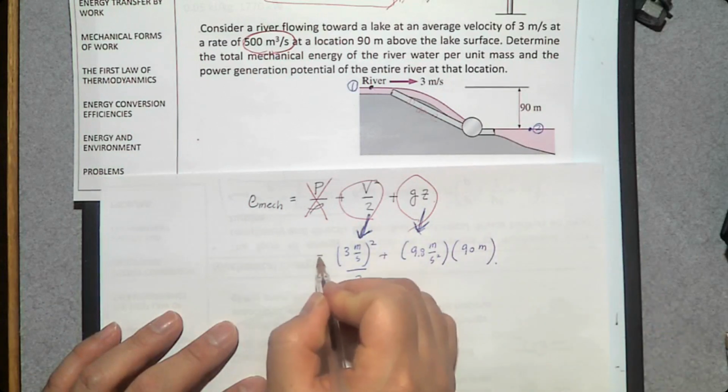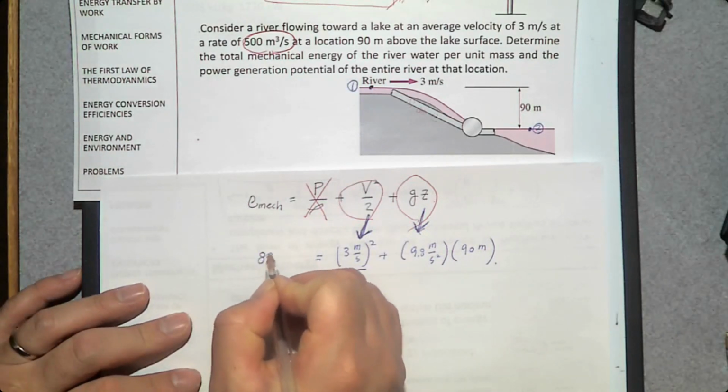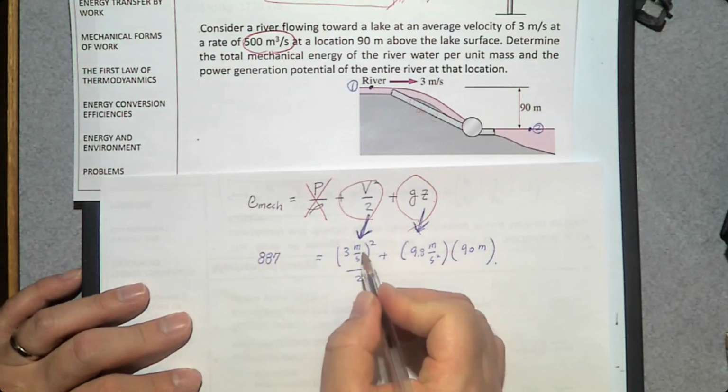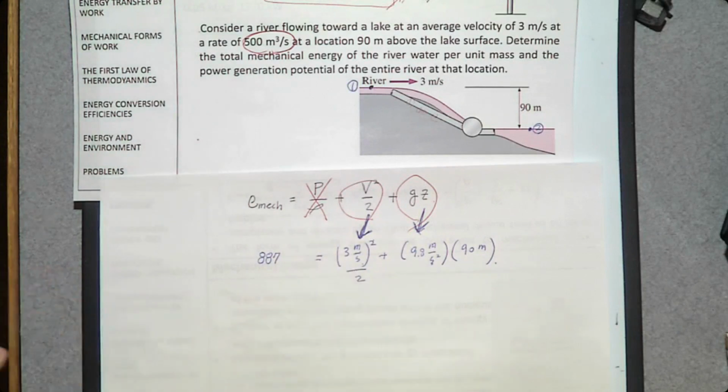So if you do that, you get the specific mechanical energy. The answer is 887. What is the unit? Meter square per second square. So you are going to write meter square per second square here.